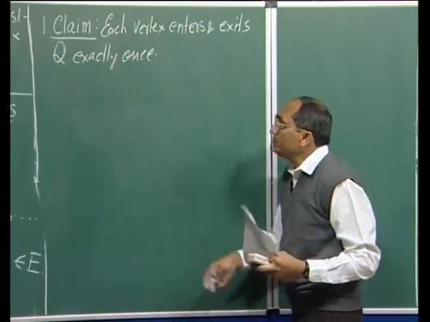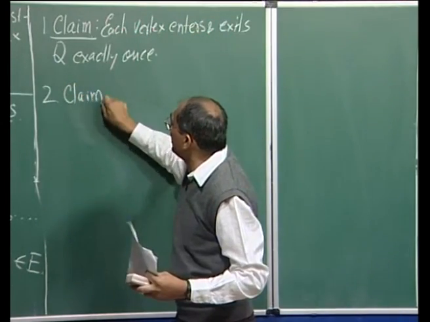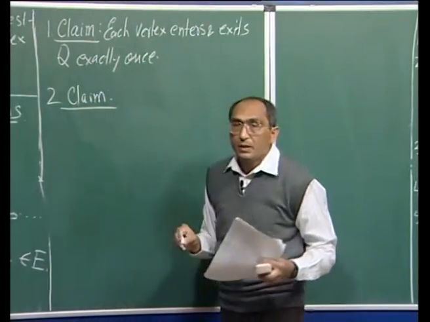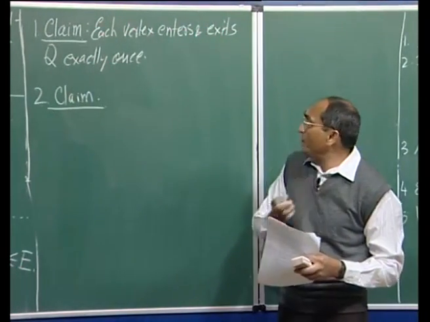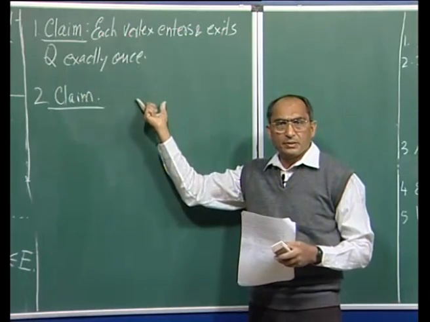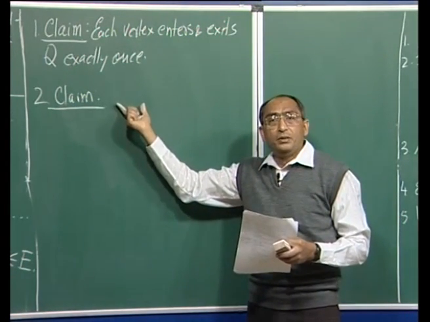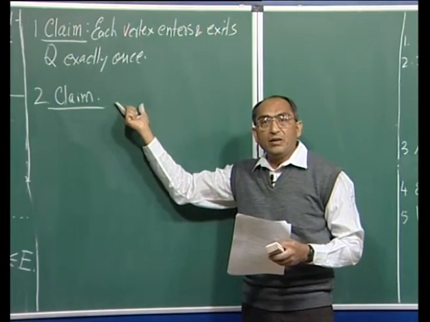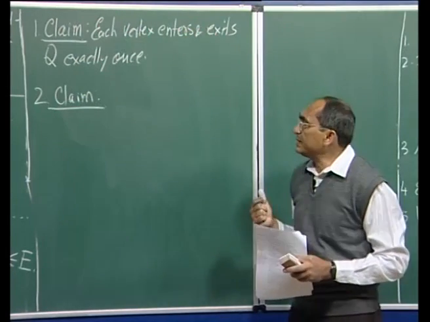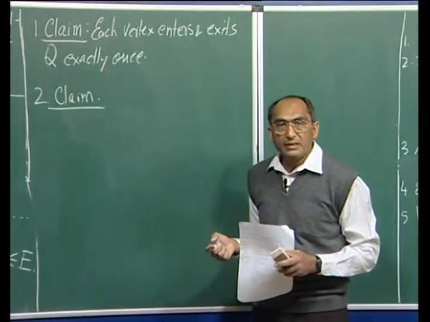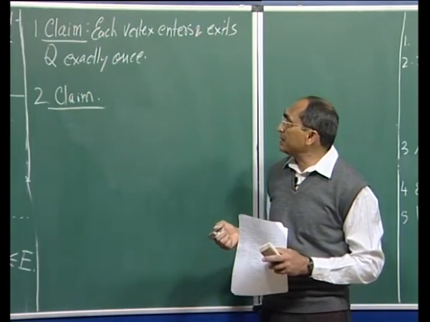The second claim is that the d values of vertices are non-decreasing in the order of their exiting from the Q. So a vertex that exits earlier has a d value less than or equal to the vertex that exits later.